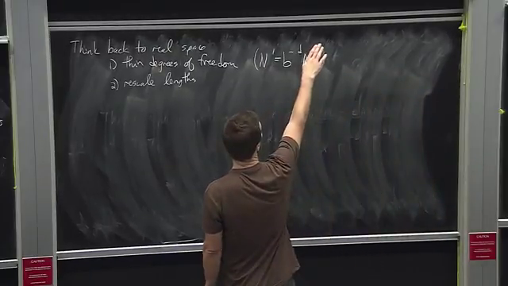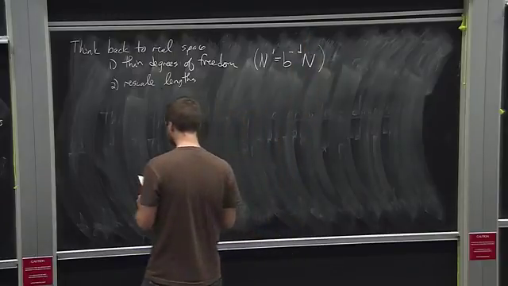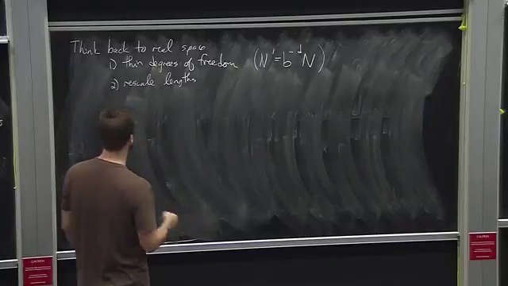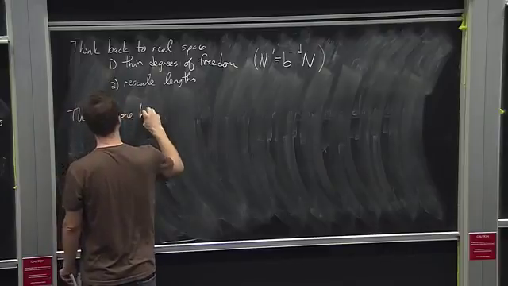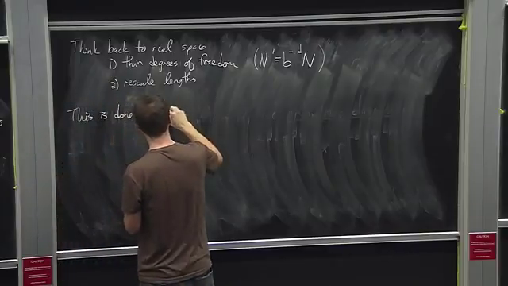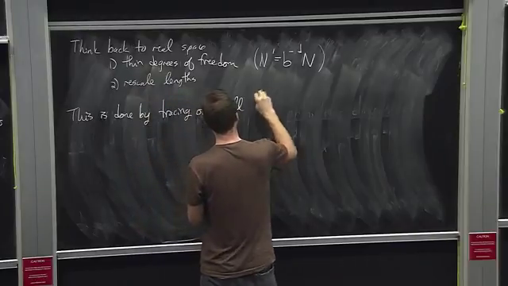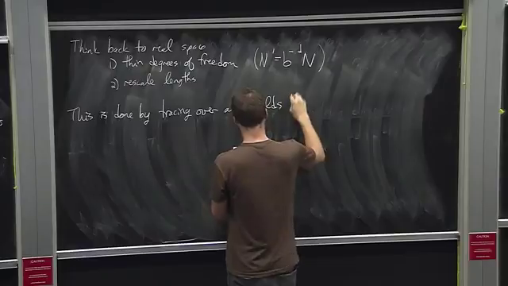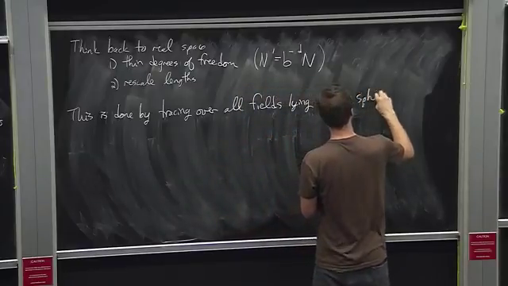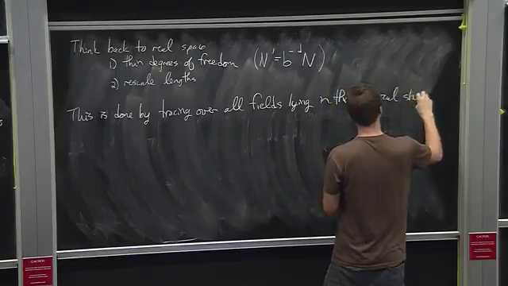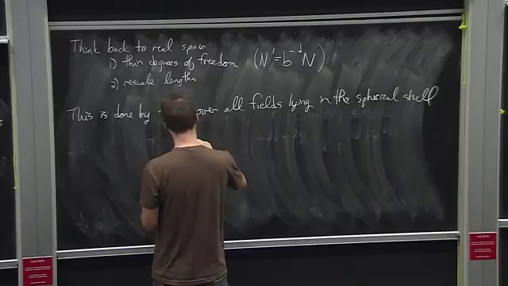So this is done by taking a thin shell around that yellow sphere and tracing out degrees of freedom there. And it'll be defined by b.